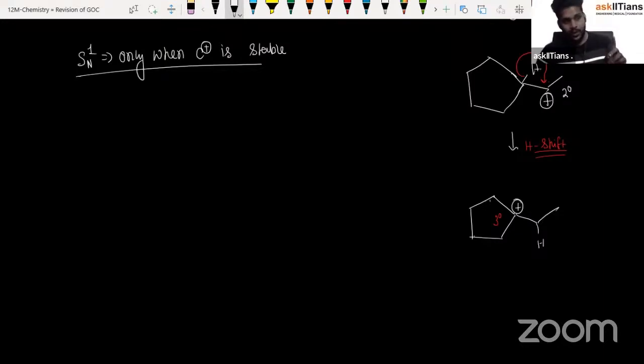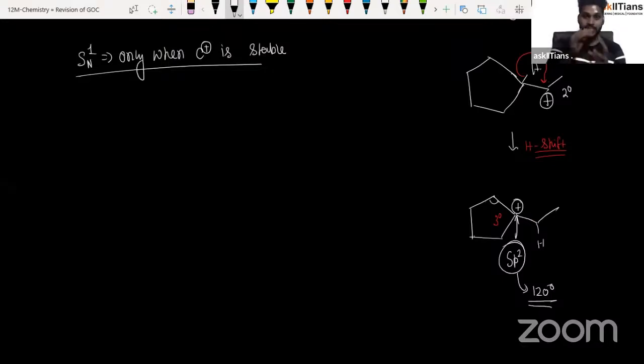See, what is the bond angle of a 5-member ring? We know that it is close to 105 degree or 109 degree, something like that, right? The moment you make it sp2, right now it would be sp2, right? After this shift, I do understand this is 3 degree, but it is sp2 as well. Now for sp2, the bond angle is supposed to be 120 degree, right?